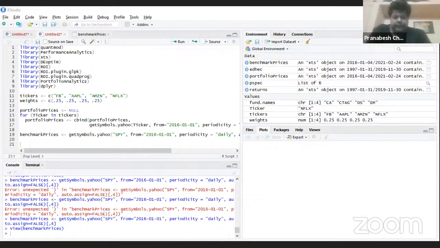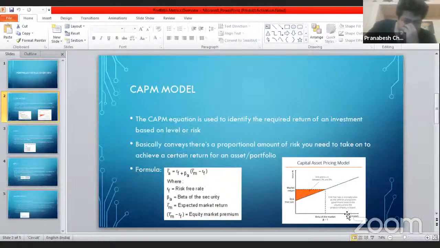We will not take enough time, but we will just briefly touch upon it. Sir, am I audible? Yes, you are audible. Yes, sir. Sir, the CAPM model helps investors to identify in which scrip you can invest. So it is a concept of underpriced and overpriced.